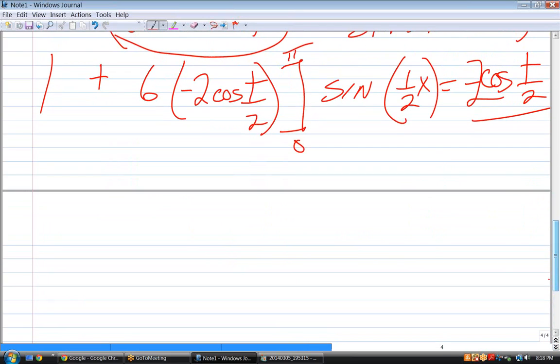Alright, so cosine of pi over 2 would be 0, so then that entire thing would only equal 1, and then minus cosine of 0 is 1, so it would be negative 2 times 1 is negative 2, times 6 is negative 12, plus 1 is negative 11.